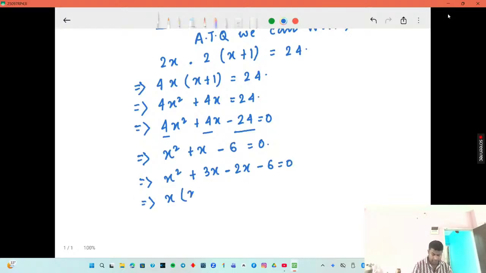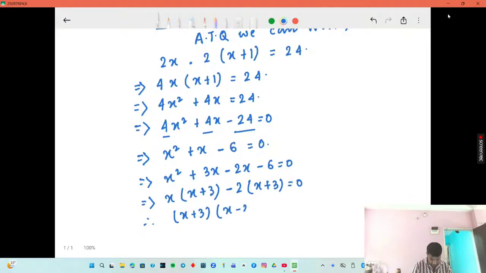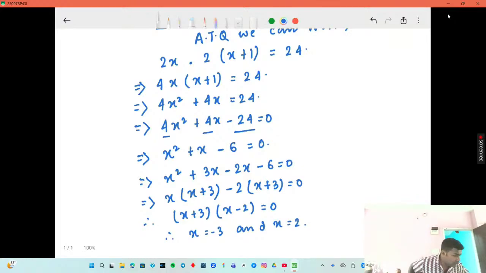So x into x plus 3 minus 2 into x plus 3 is equal to 0. Therefore, x plus 3 and x minus 2 is equal to 0. Therefore, x is equal to minus 3 and x is equal to 2. Is it clear? Now we will find the numbers.